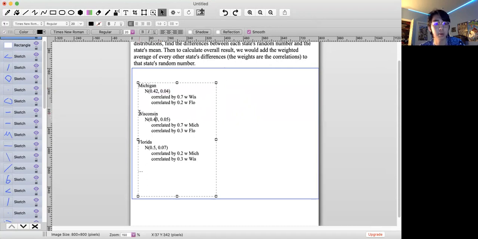Then, for example, I had two other states, Wisconsin and Florida, which have their respective normal distributions centered at their means with their standard deviations. And then written under here are those correlations between each of the states. So from a correlation matrix, we can see how correlated one state is with every single other state. And I've just written out the ones that we care about for this particular example.